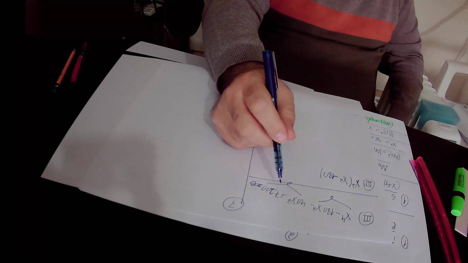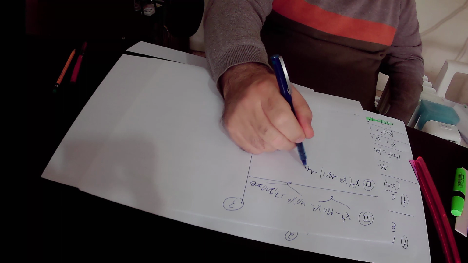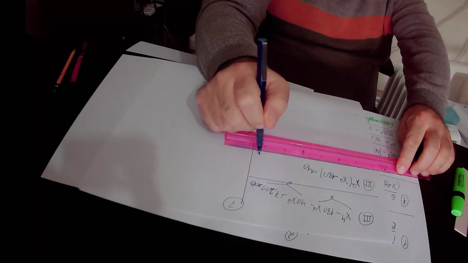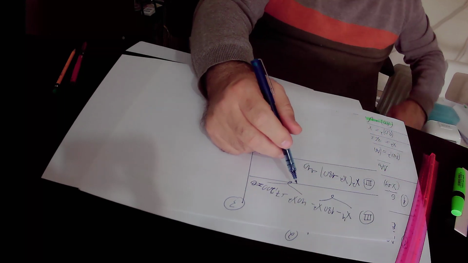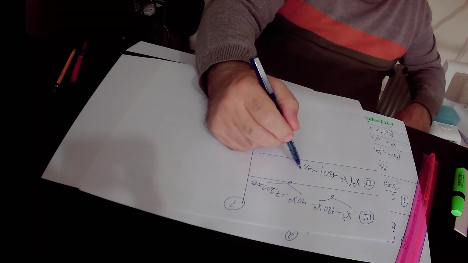And then from here we take a common factor of minus 40. So what is left from minus 40x squared after we took from it minus 40 as a common factor? What is left is actually x squared.